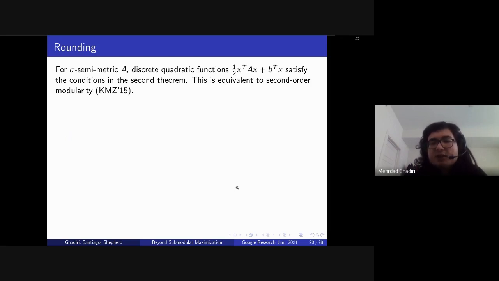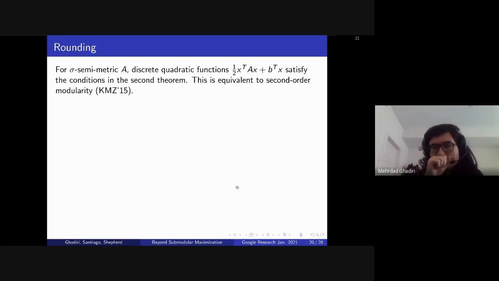These are the multilinear extension of the diversity functions I talked about: we have a weighted complete graph, and let's say I have some weights on the vertices as well, and then I pick some vertices and take the sum over all the weights of the edges and the weights of the vertices. And that is a discrete function.